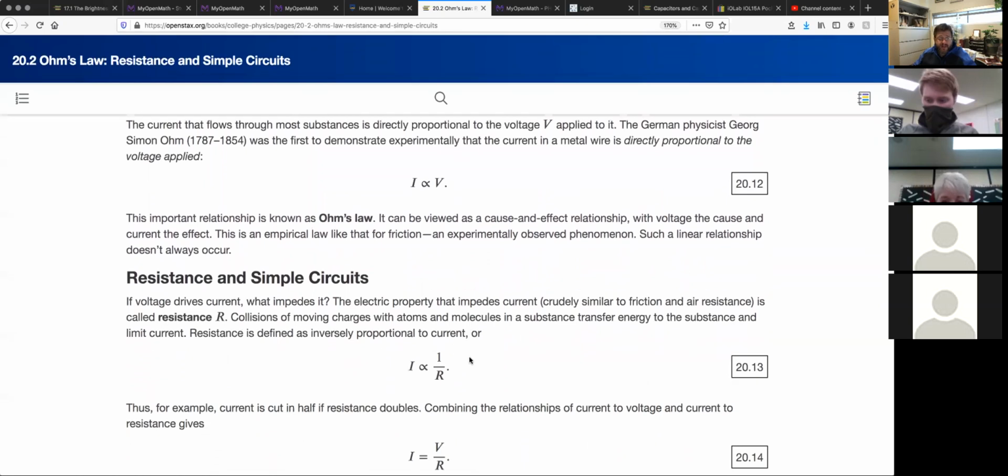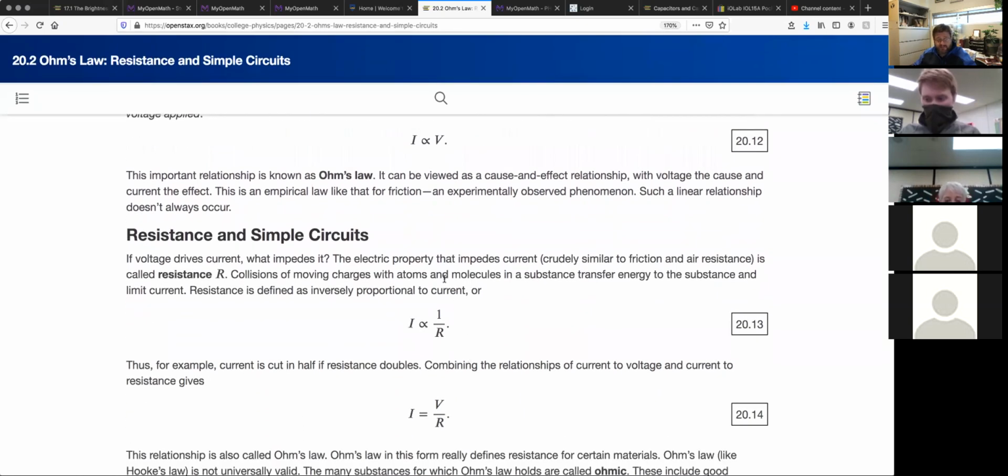And the other thing that he discovered is that the current is inversely proportional to the resistance in the circuit. So if you increase the resistance, the current will actually go down. Or if you decrease the resistance, the current will go up if you keep the voltage constant.